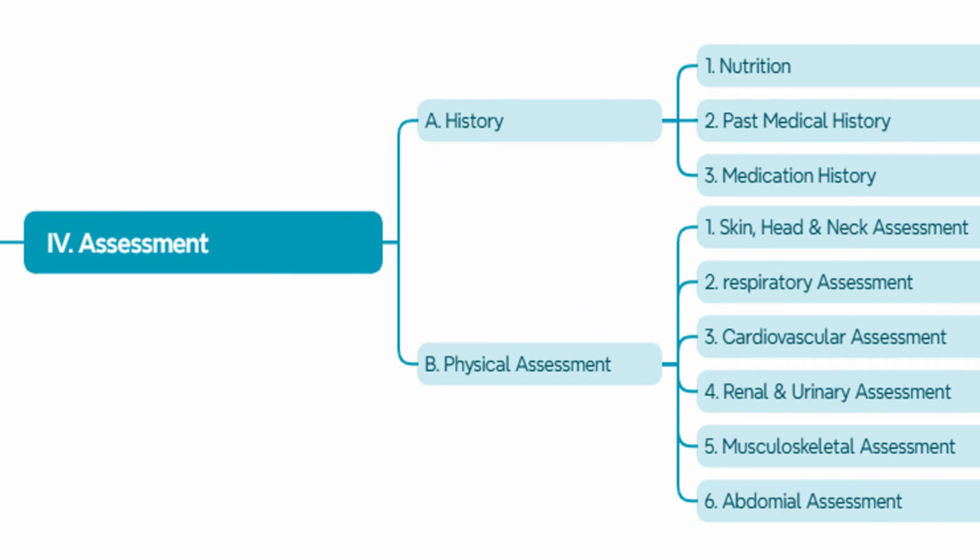In the history for nutrition, we have to know the iron, B12, and folate intake. Then past medical history: bleeding disorders, malignancies, liver and kidney disease.